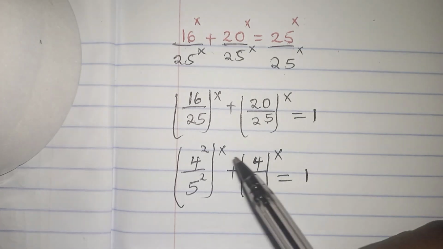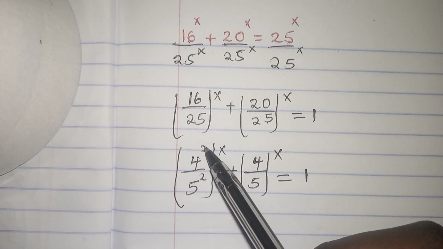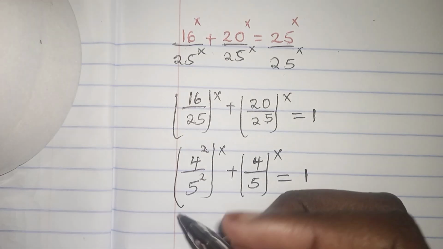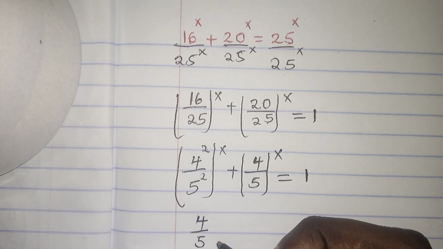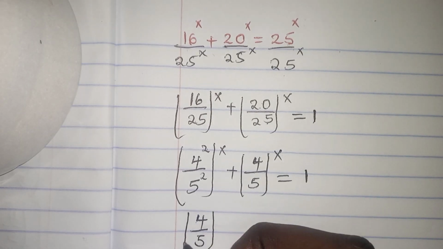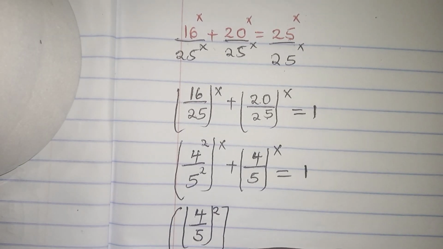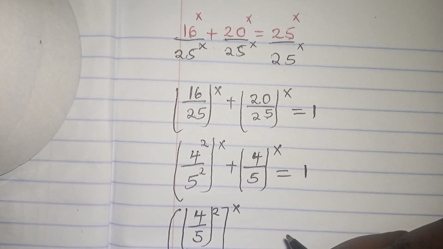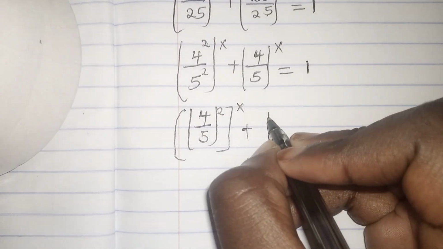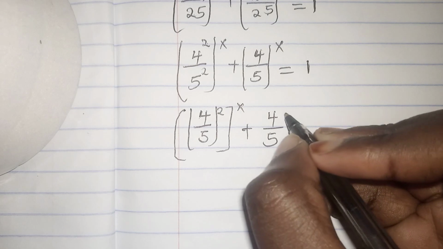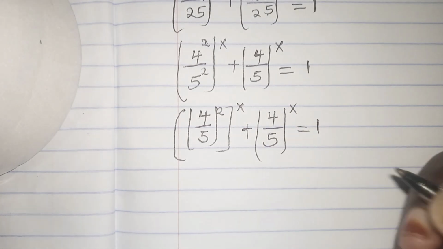So we have 4 to the power of 2, 5 to the power of 2. So this exponent, we can write as 4 over 5, all this squared, then another bracket to the power of x, plus 4 over 5 to the power of x is equal to 1.